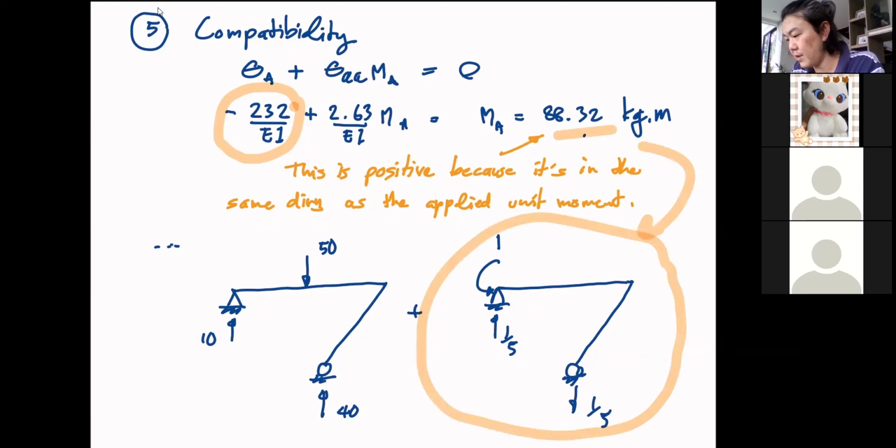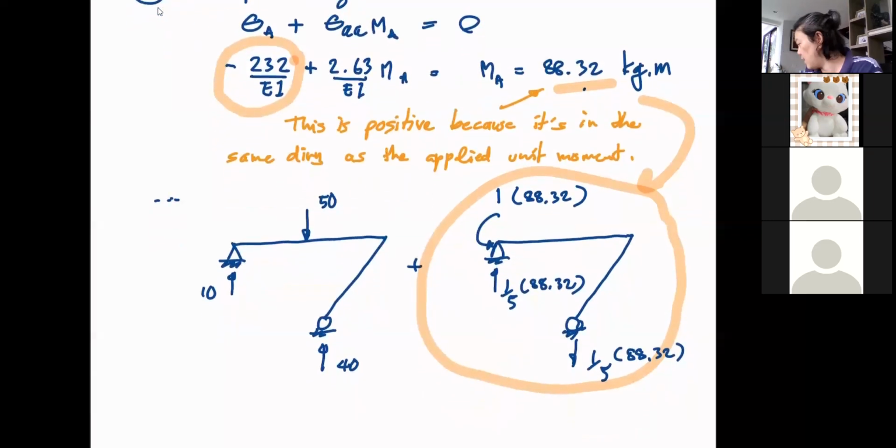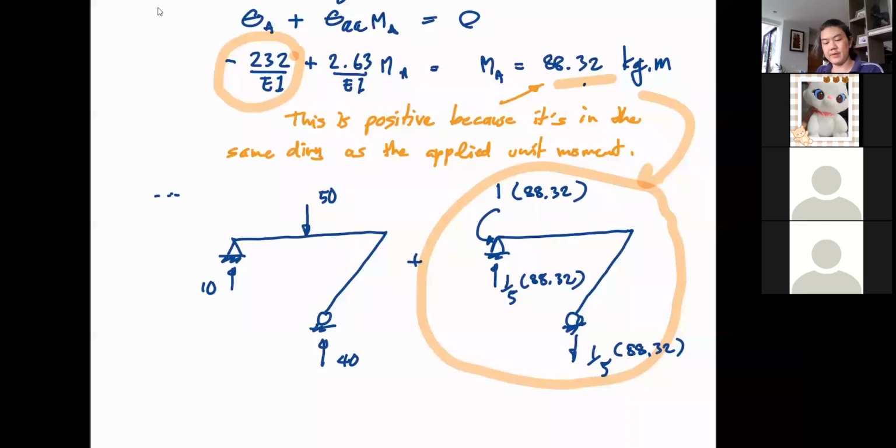So if this 1 causes a reaction of 1/5, and your moment is 88.32, then this reaction is going to be equal to 1/5 multiplied by 88.32.